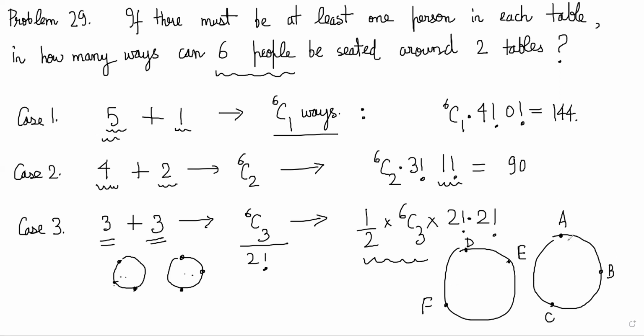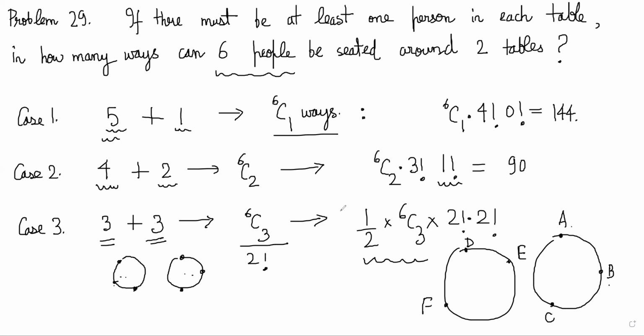You can list out all the arrangements. A, B, C and D, E, F is one grouping. Another grouping is A, C, D and B, E, F. Just try to list them down. You will find that there are not 20, which is 6C3, but only 10 ways to divide them into groups of 3 and 3.